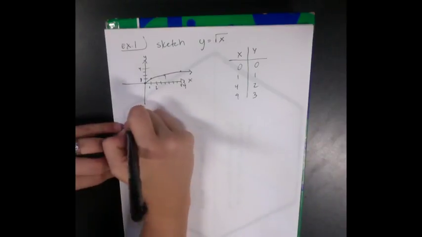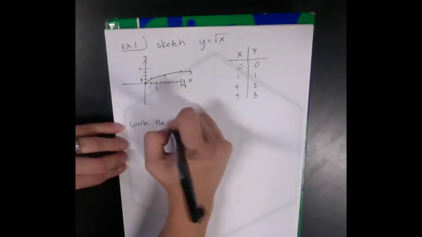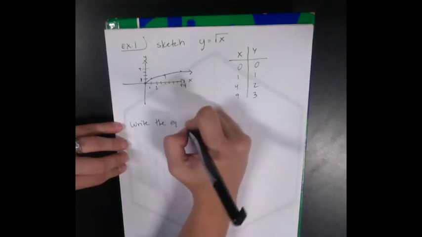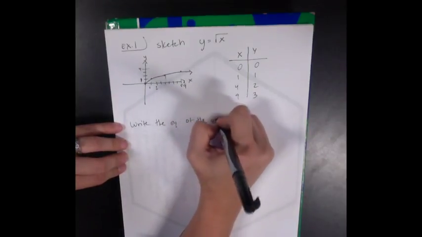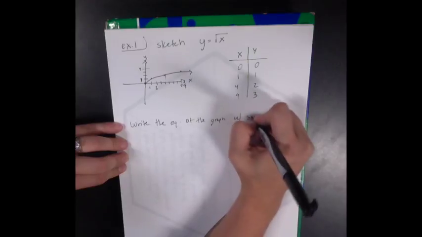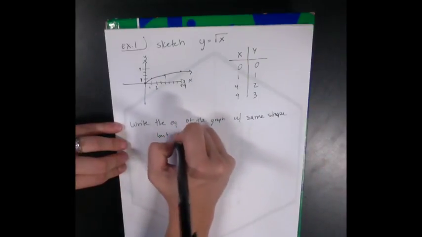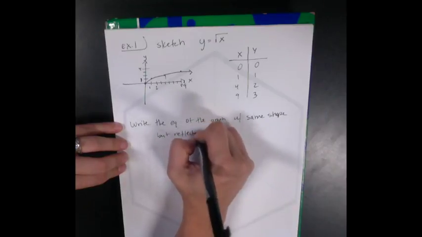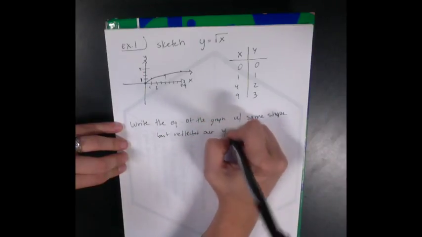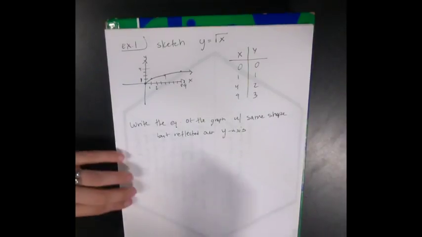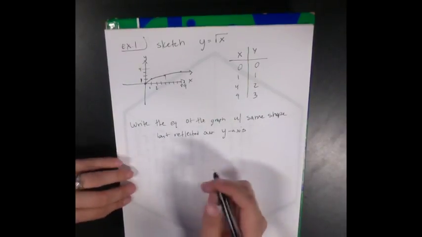Now, we could say, write the equation of the graph with the same shape, but reflected over the y-axis. Reflected over the y-axis.